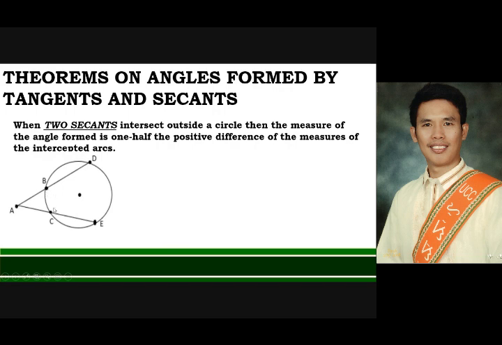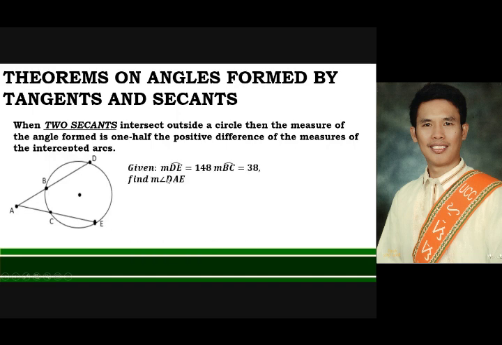Para makuha natin yung angle BAC, ang gagawin lang natin, isa-subtract natin yung arc DE and arc BC. Yung larger arc into the smallest arc. Yung arc DE and arc BC, sasubtract lang natin siya.